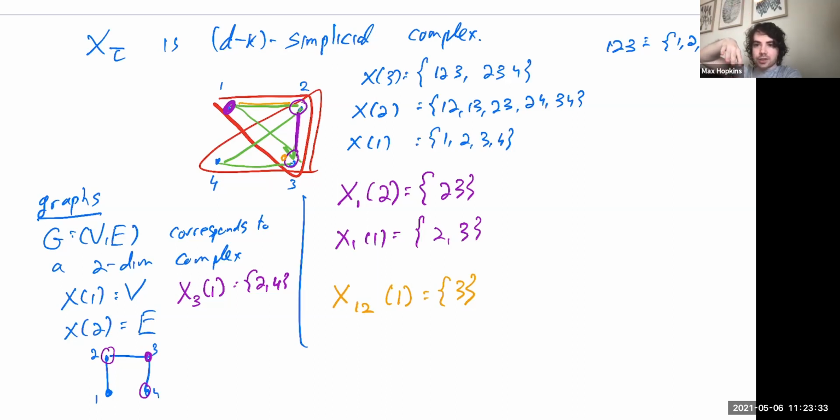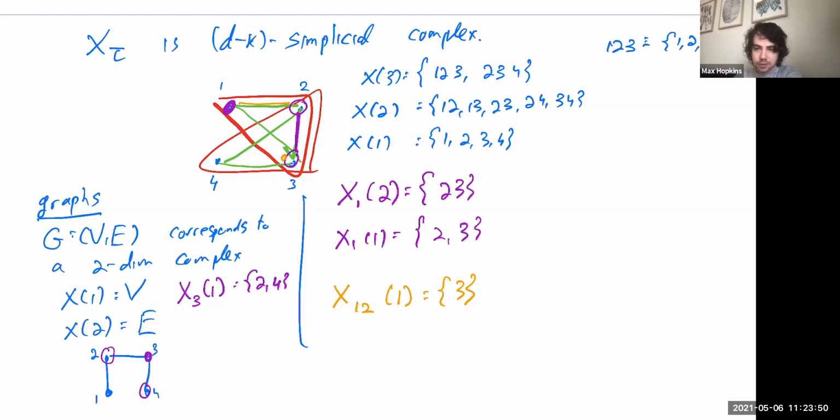This is a very natural way to construct the complex given by the link, especially pictorially. You look for the edge, see all the top things it's contained in, remove the edge and take the downward closure of that, and that gives you the link.